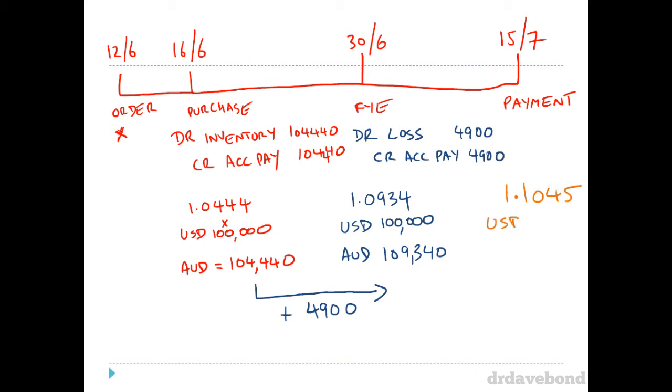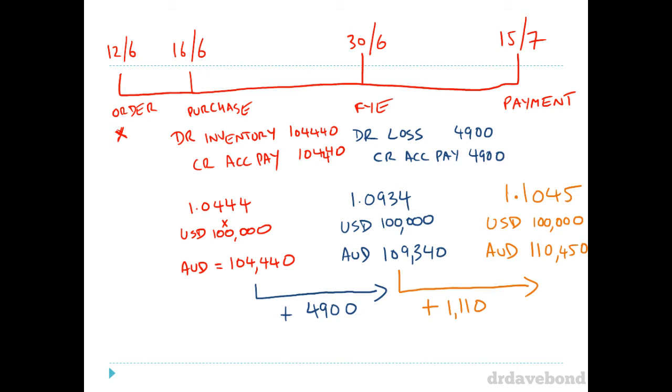We've still got the 100,000 US. The AUD becomes 110,450. And this has gone up again because the Aussie dollar has weakened once again and we owe money. Now we owe an extra $1,110, which is obviously not a good thing because that's more money that we have to pay.